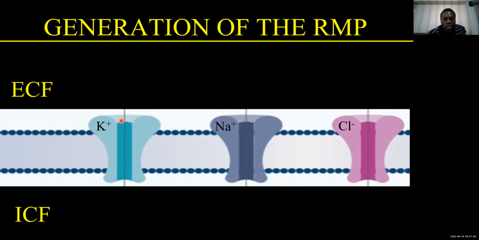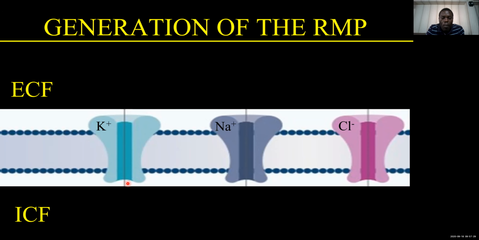I want to see how potassium will leak through here, and especially I want to ask myself the direction of that leakage. And this I want one of you to tell me. So if potassium was to leak, in which direction will potassium leak?